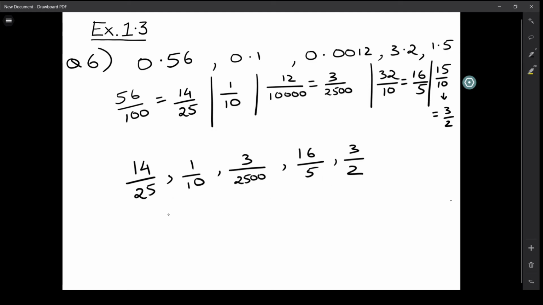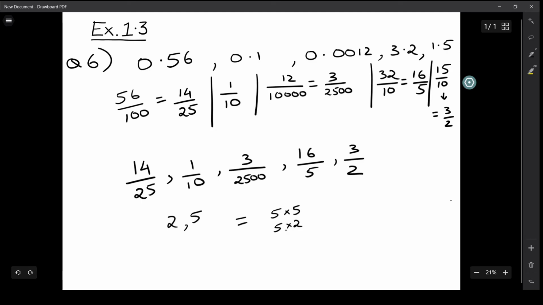Here, what is common in all of these denominators is that these denominators are a multiple of 2 or 5 or both. So which means in the first one, the denominator is 5 into 5.